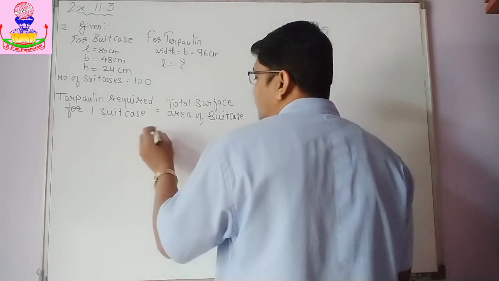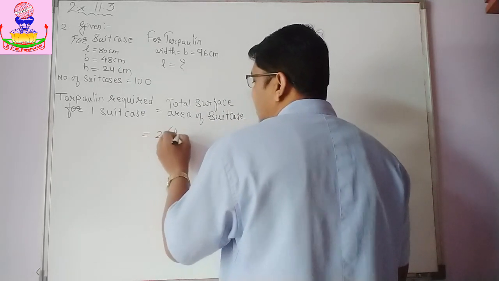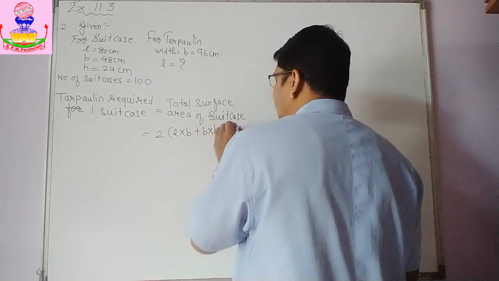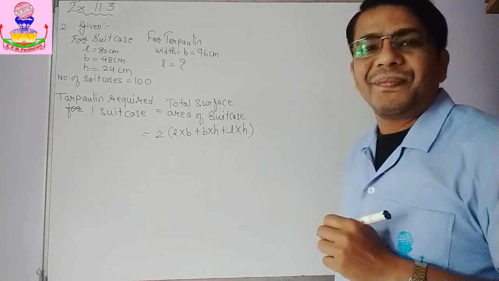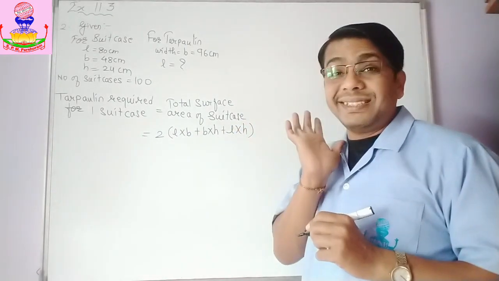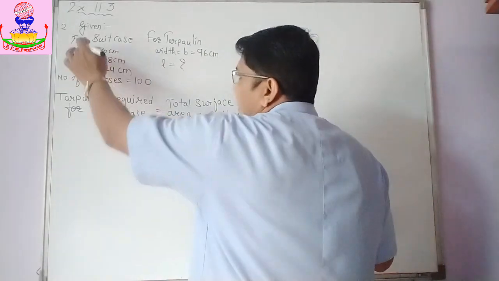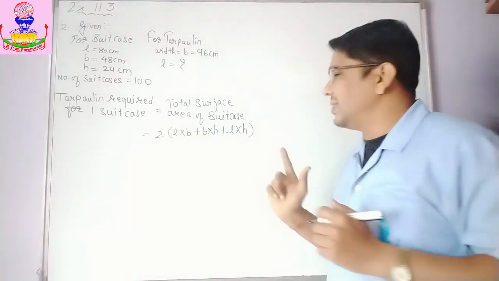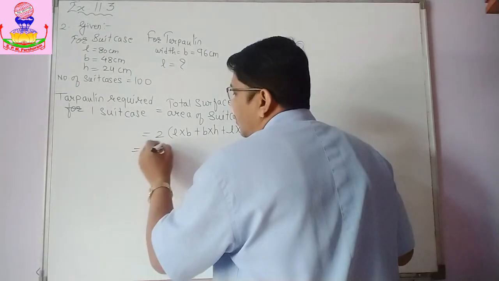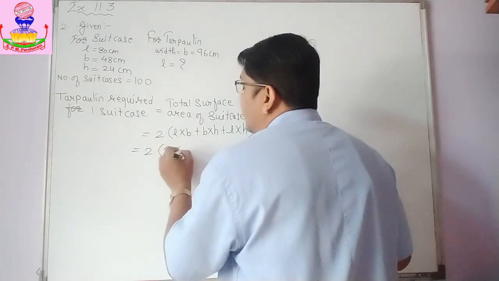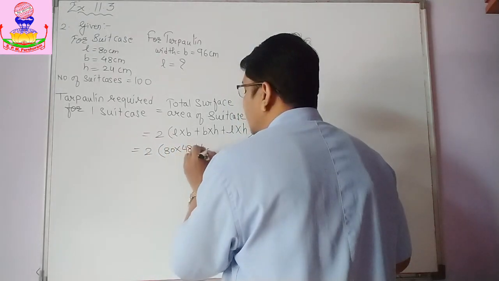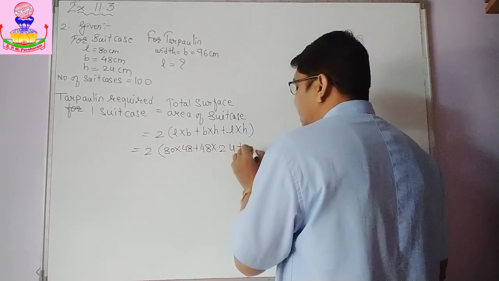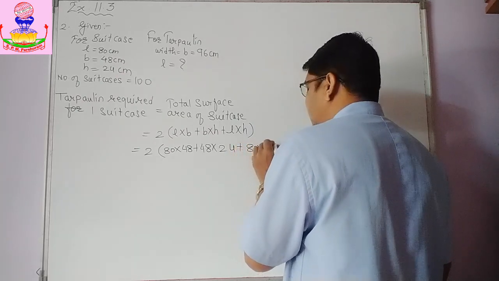So that is equal to 2 into bracket L into B plus B into H plus L into H. Because all three dimensions, length, breadth and height, are different, it is cuboidal in shape. So 2 into, what is the length? 80, breadth 48, plus breadth is 48, height is 24, plus length is 80, height is 24.